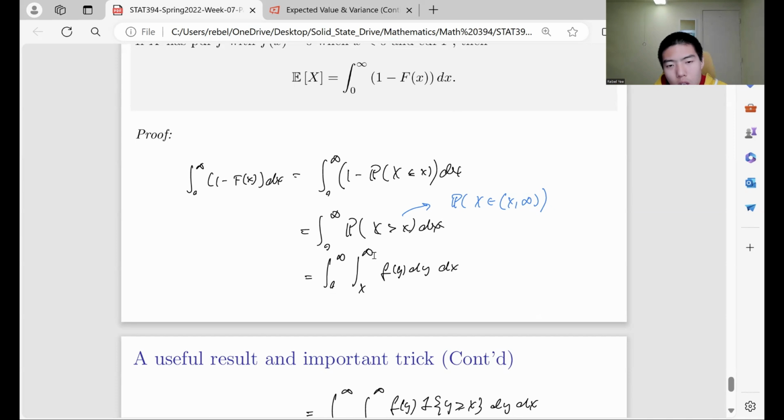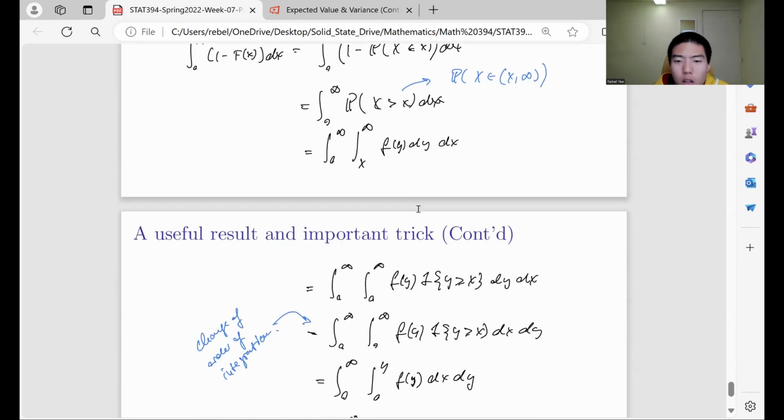For making it more clear, we define Y as a random variable, so we don't have too many X's there. So the integral of f_Y(y) dy over the interval x to infinity is the same as the CDF here, P(X greater than x).